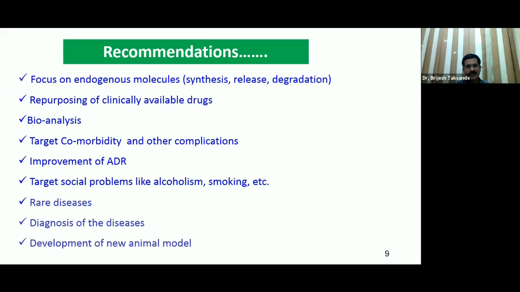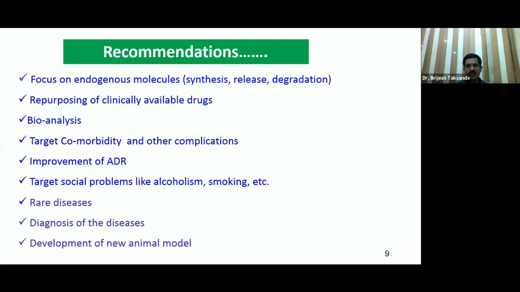Then some issues like alcoholism, smoking, suicidal tendencies, which are very much prevalent nowadays in the Vidarbha region, if I'm talking about it. Try to get to the molecular mechanisms of these problems and find out a solution for them.